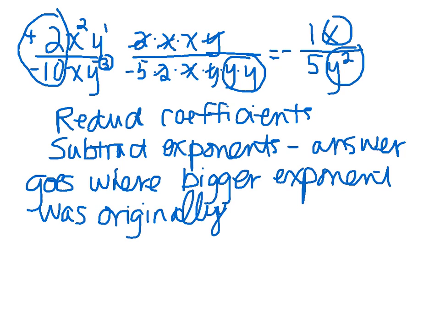Let's do a few more examples. The examples that were in your book are all pretty easy, but let's say 35x to the third, y to the sixth, over 56x to the 5th y.